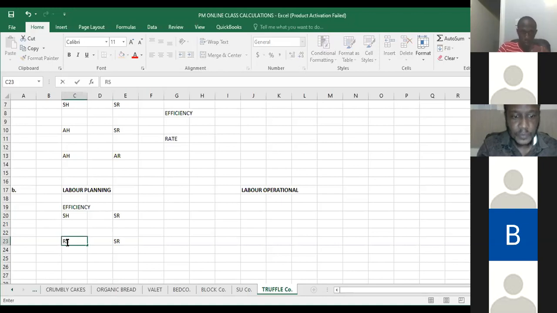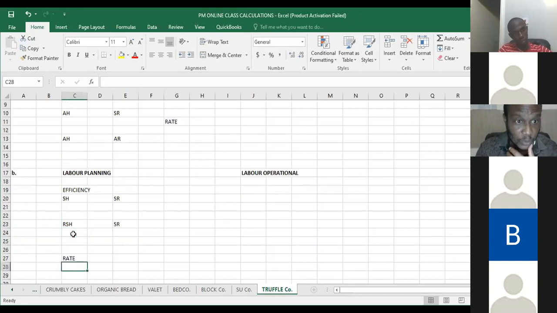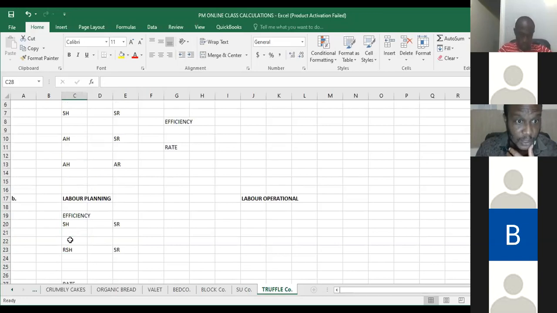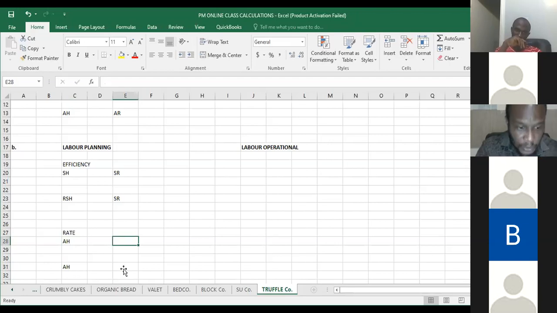And then we can go down and do our rate. So for rate, we're comparing rates now, still standard with revised standard. So we'll just put them how we have them in the basic performance for the hours, because the hours are not going to change. So we have actual hour, actual hour. And what we are doing now is comparing standard rate with revised standard rate.